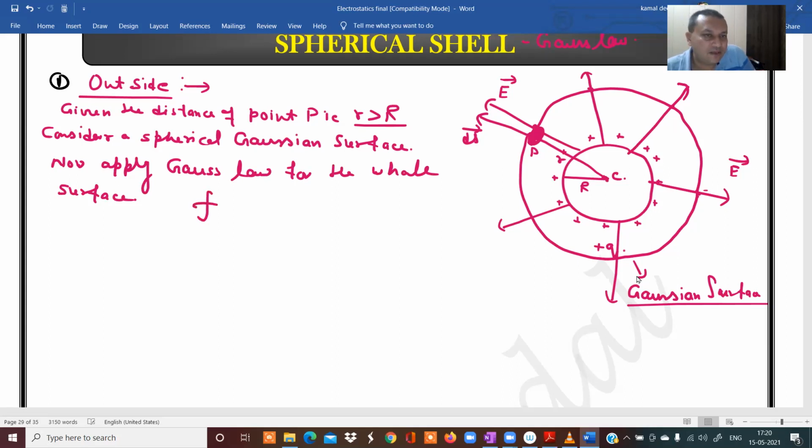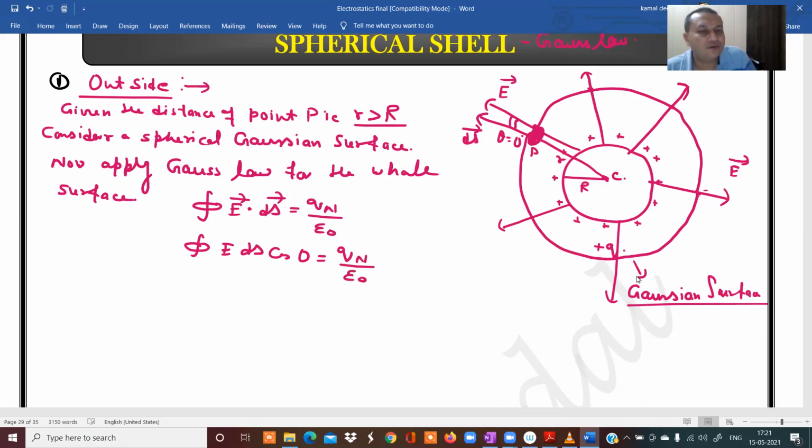So I will apply the integral of E dot dS equals q net upon epsilon naught. First of all, open this dot product: what is the angle between E and dS? Theta equals 0 degrees. So may I write integral of E dS cos 0 equals q net upon epsilon naught.